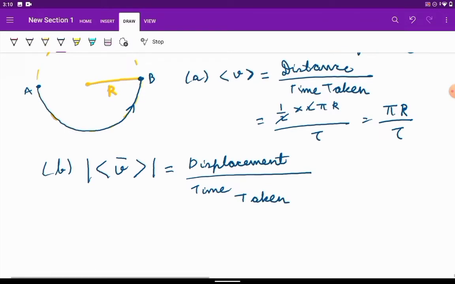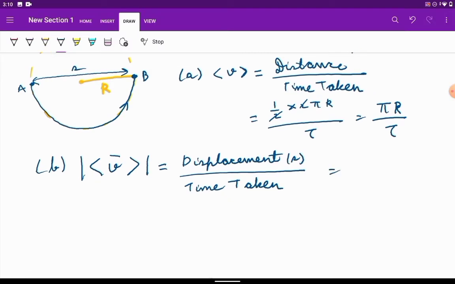The displacement over here is basically AB. Let's call it S, which is AB. So basically AB by tau. What is AB? AB is nothing but the diameter. Diameter is 2 times radius. So 2 times radius divided by tau.